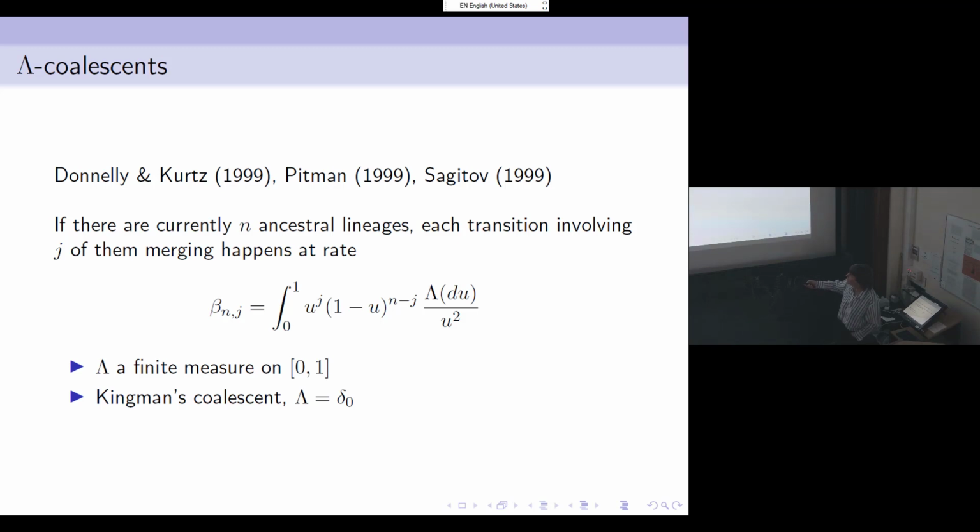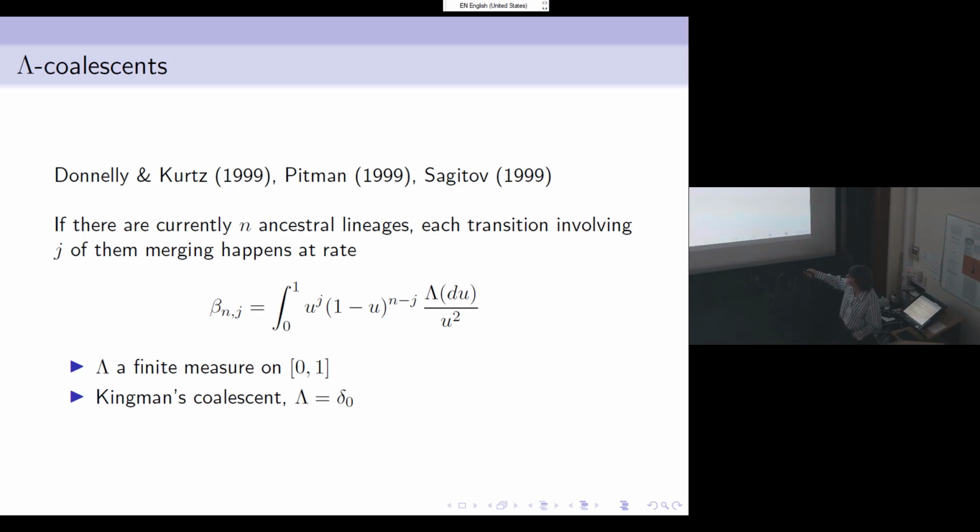And just to convince you that this isn't anything particularly new to us, if I take Lambda to be an atom on 0, then I recover the Kingman coalescent. Right? So if Lambda's an atom on 0, then what's going to happen? Well, merging doesn't make sense unless j is at least 2. If j is exactly 2, that 2 cancels with that 2.